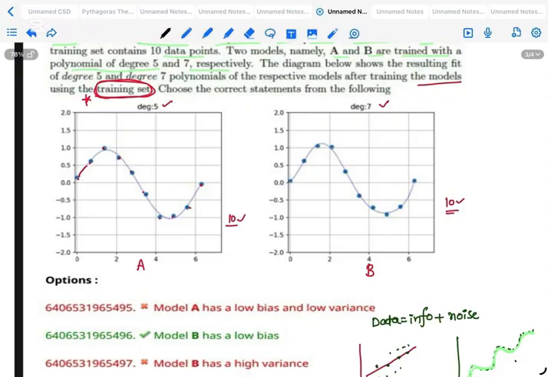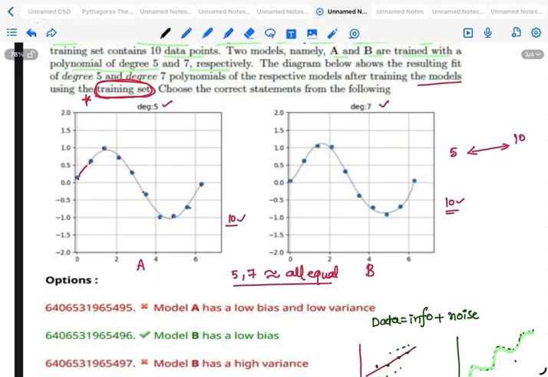In degree 7 also almost all the data points. So degree 5 and degree 7 are almost equal, not much difference. If it were 10 and 5, it would be different.